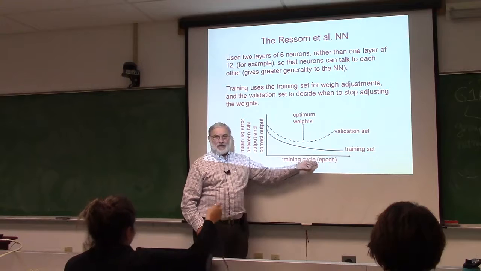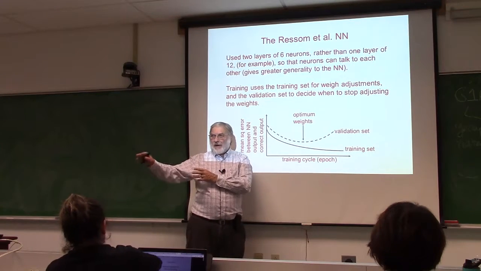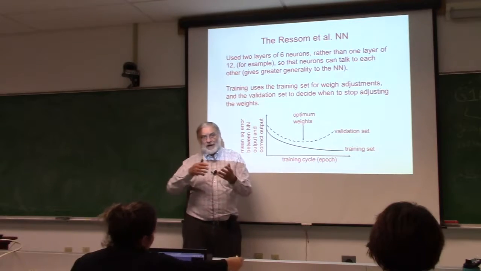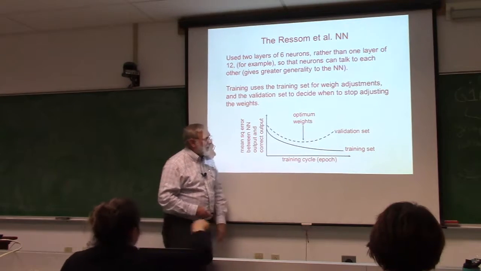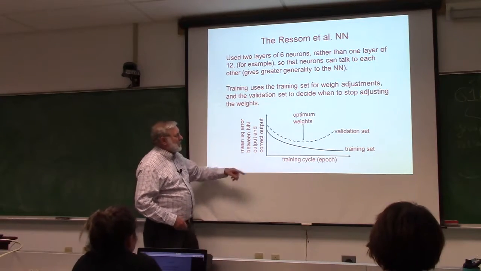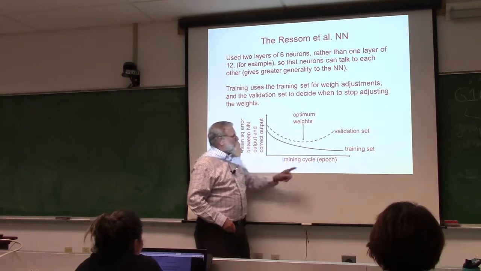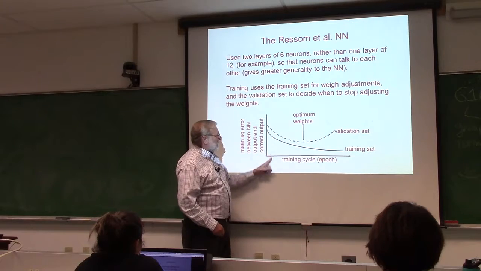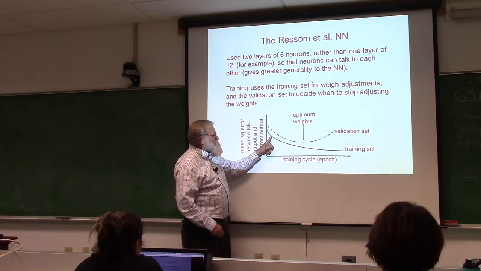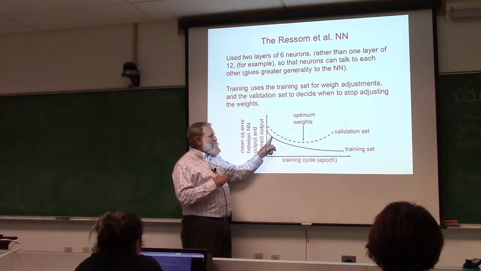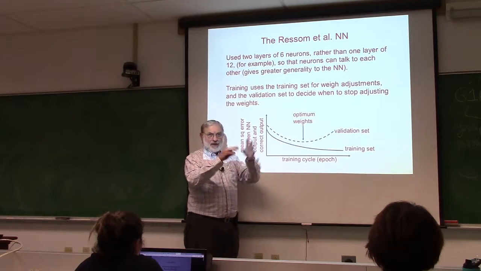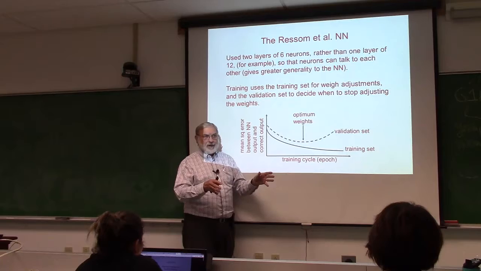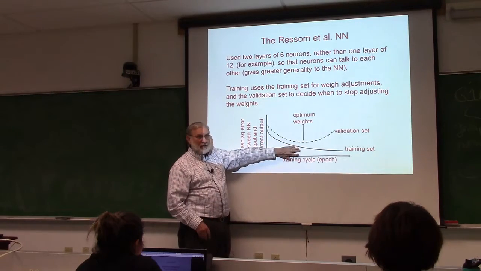Well, you don't want to do that, because the real world data set will have different noise, and you don't want the noise from the first determining the answer to the second. So that's where they take this validation set. They do a cycle here, they compare, they get the training set. Then they take those weights and apply them to the independent validation set, which is not being used to determine the weights.